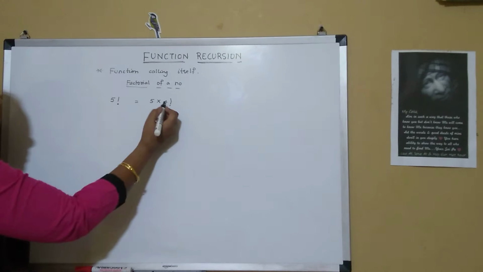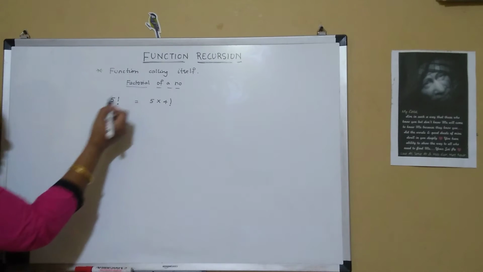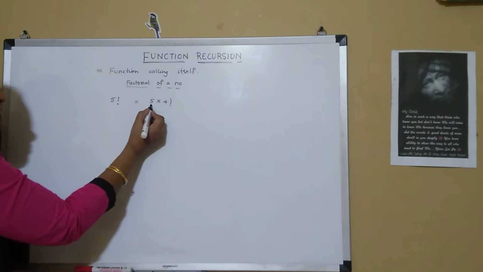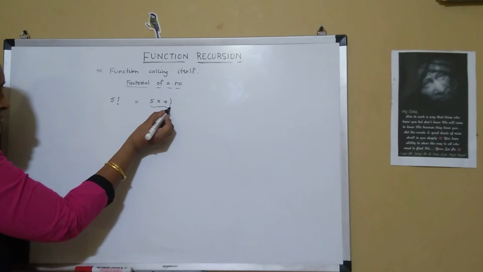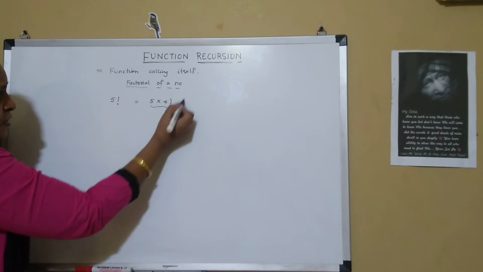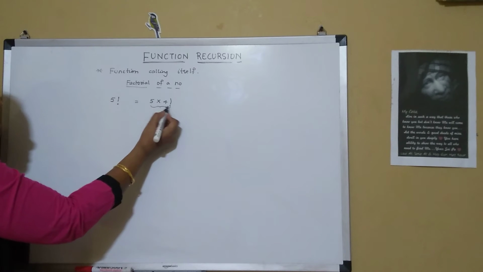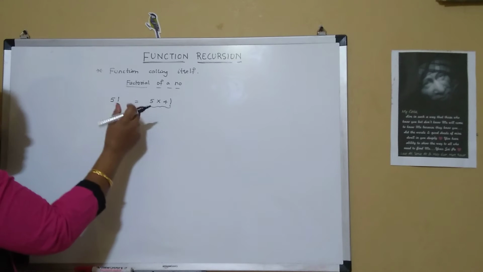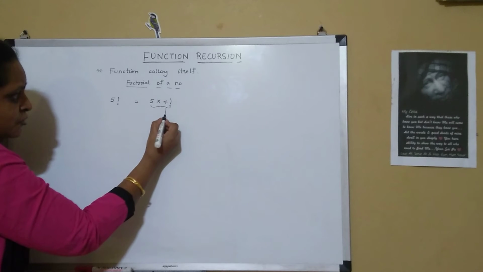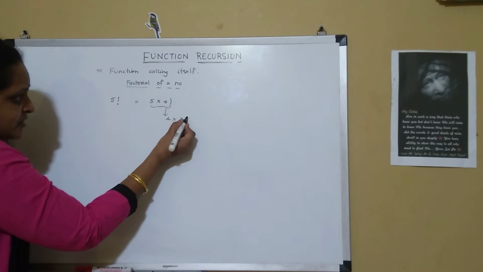Again, for 5 factorial we will call the factorial function, in which we split it into 5 into 4 factorial. So for this 4 factorial we again call the factorial. So a function is calling itself. Within the function we are calling the same function again. So 4 factorial will now be reduced to 4 into 3 factorial.